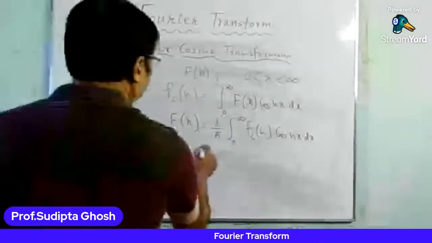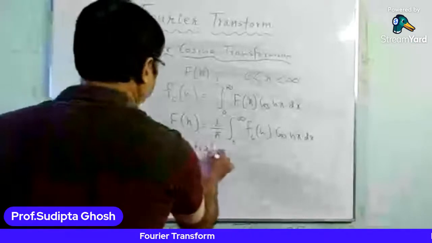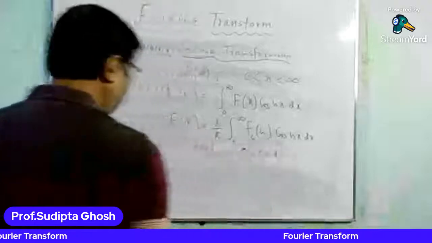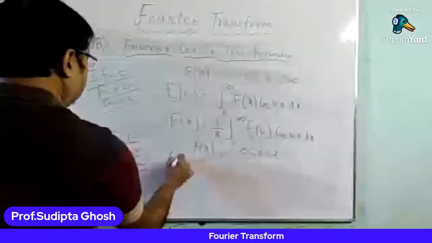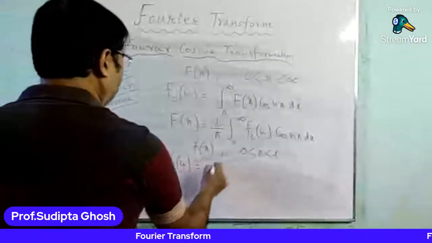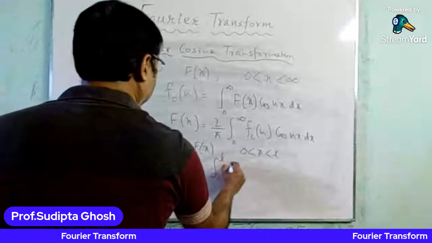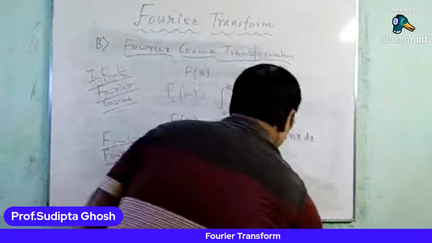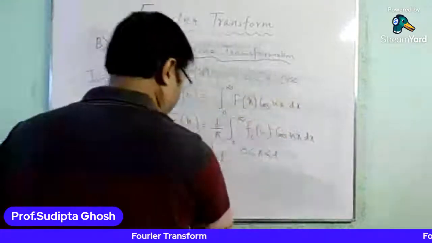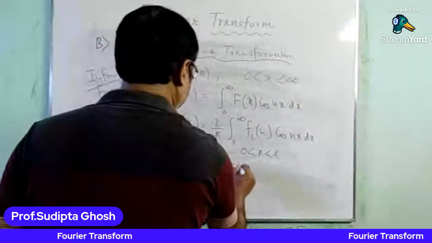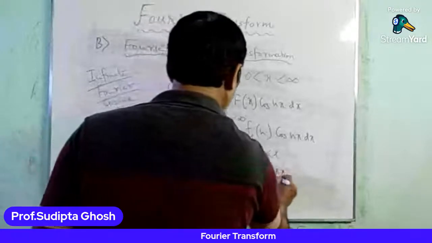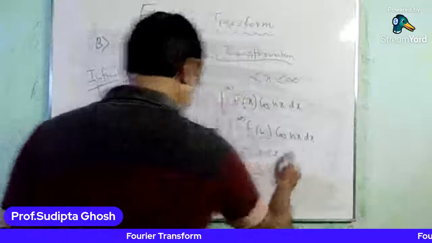So here f of x is defined such that x lies between 0 to L. So Fc of n can be given as integral 0 to L of f of x into cos of n pi x by L into dx.